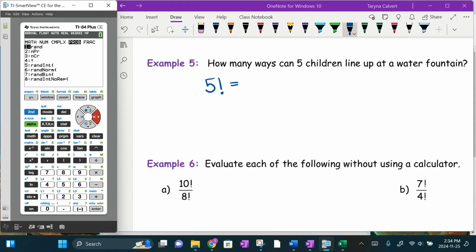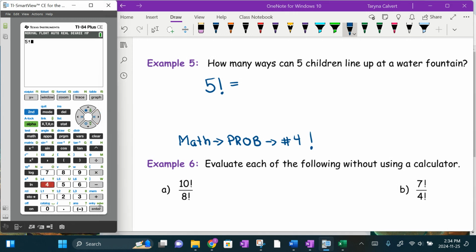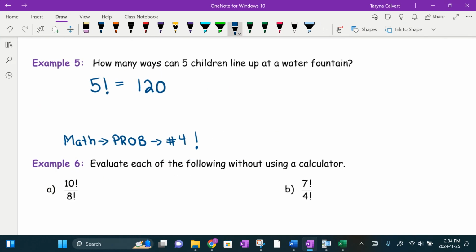Again, to find this, we hit math, over to probability, and then number 4. That's where you find your factorial symbol. Just hit number 4, hit enter, and it does that math for you. So, does it make sense that we're going to use factorials to help us simplify?